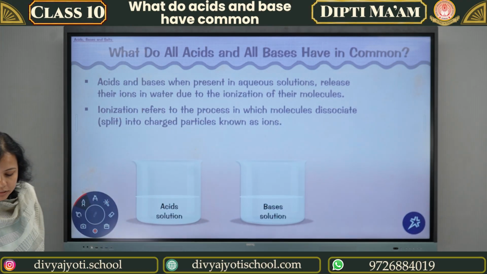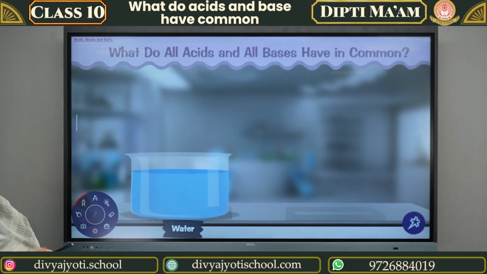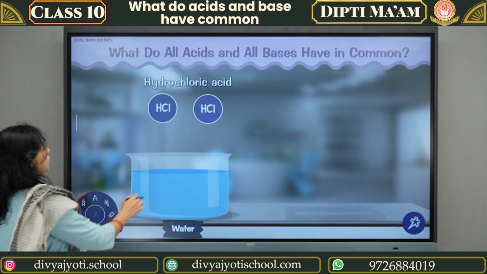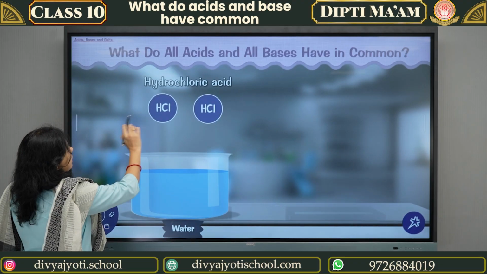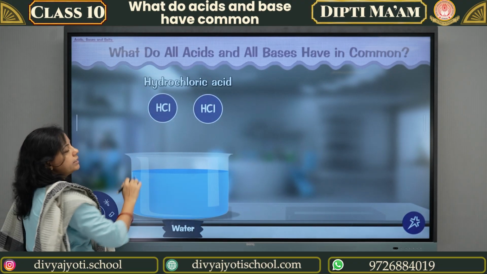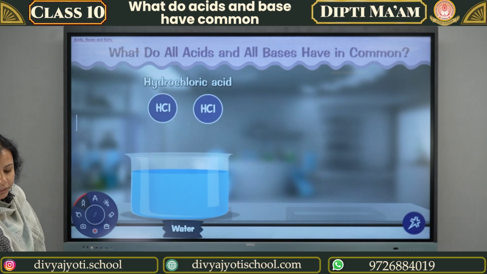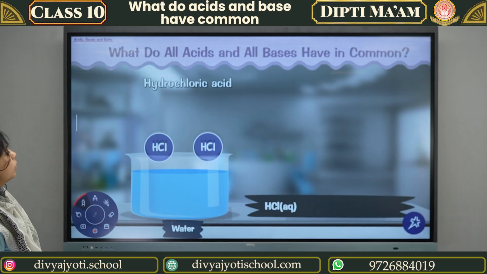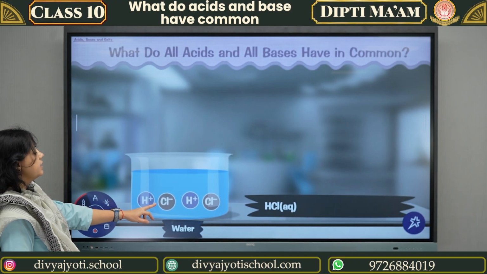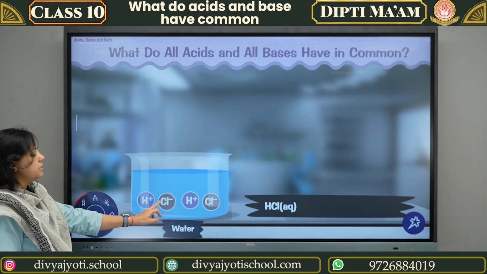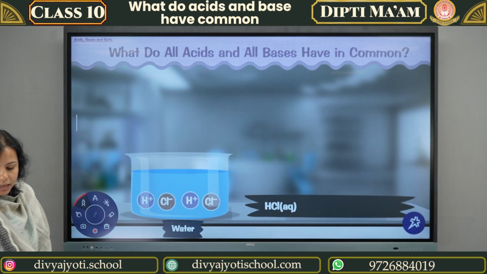Now the next one. Here in this beaker the water is there. If I add hydrochloric acid, HCl, drop by drop into it, you clearly observe that this HCl is converted into H plus and Cl minus ions.